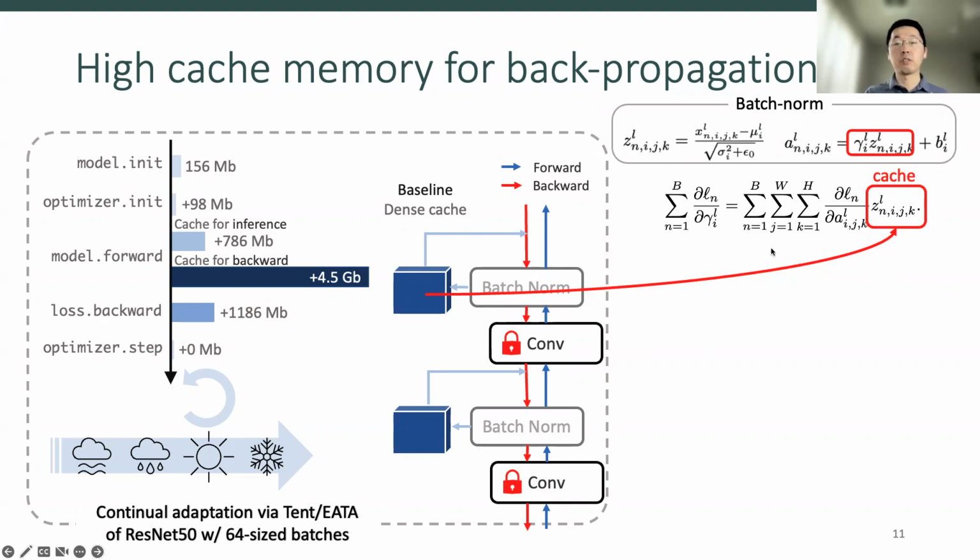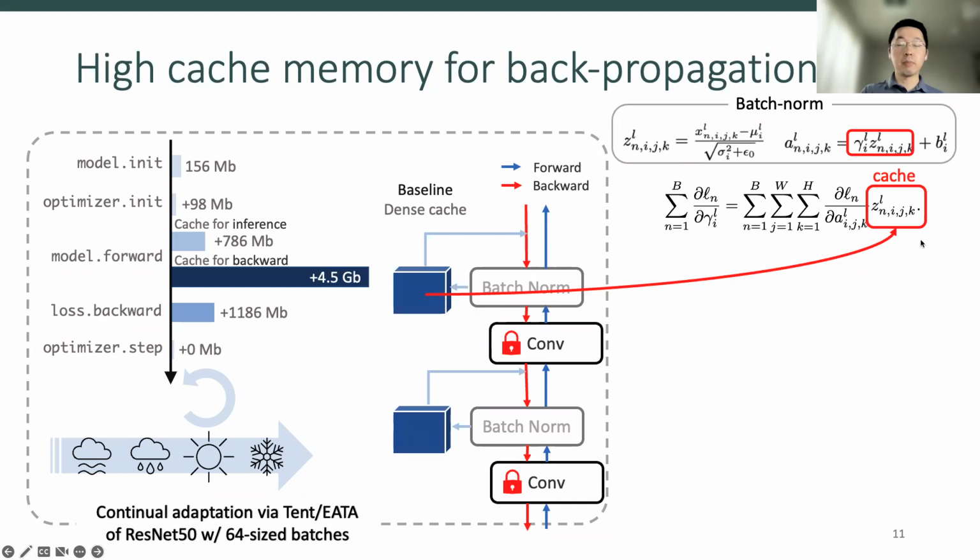However, if you want to compute a gradient with respect to gamma, a simple calculation shows that you need two terms. One is the gradient back-propagated from the deeper layers. This cannot be obtained before you do the back-propagation. Meanwhile, you need another term we call the cache. The cache is actually the feature maps input into the affine projection, which is the normalized features in the batch normalization layer.